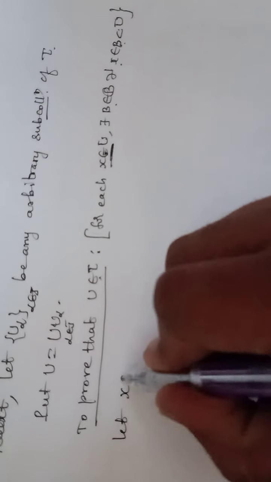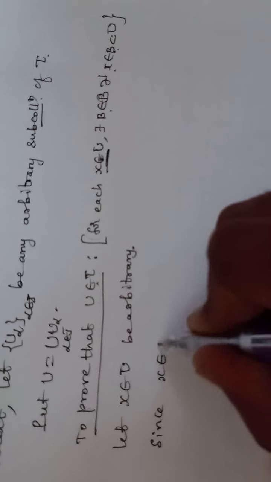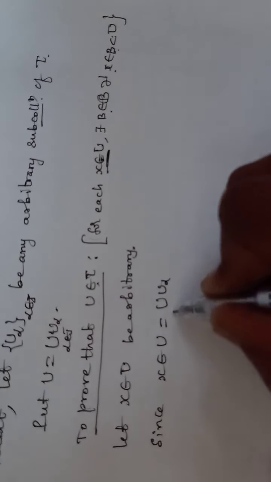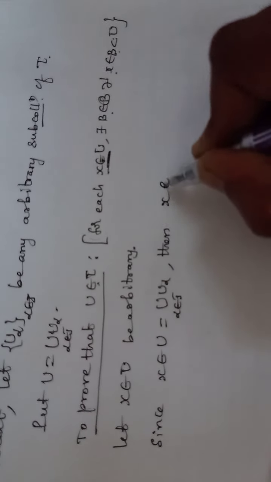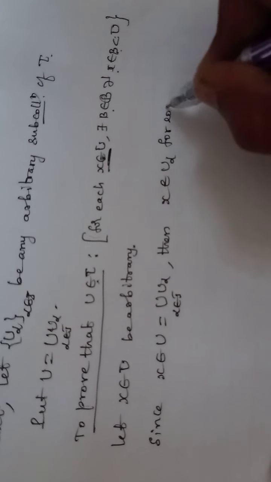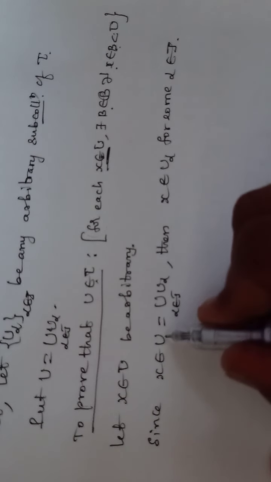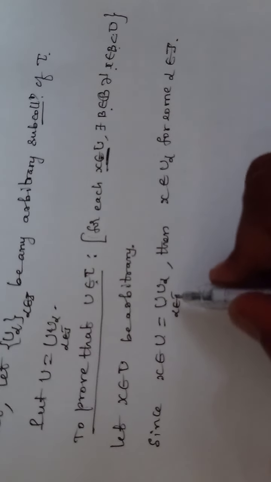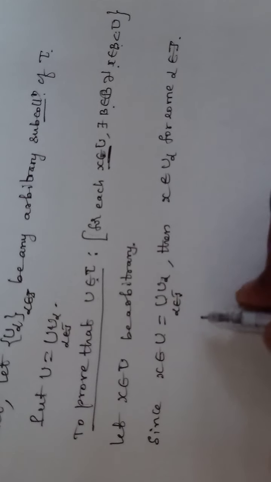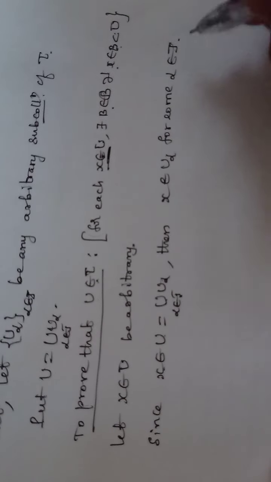For that, I am taking an arbitrary element x in U. Let x belongs to U be arbitrary. Since x belongs to U, which is equal to the union of U_alpha, alpha belongs to J, then x belongs to U_alpha for some alpha belongs to J. The reason is, from the definition of an arbitrary union of sets U_alpha, x belongs to the union of U_alpha means x belongs to U_alpha for some alpha.